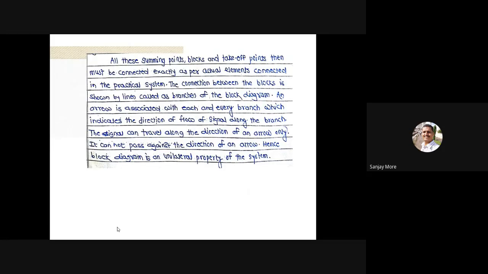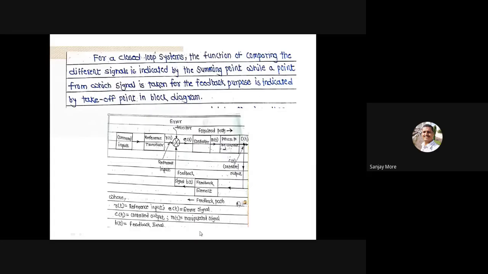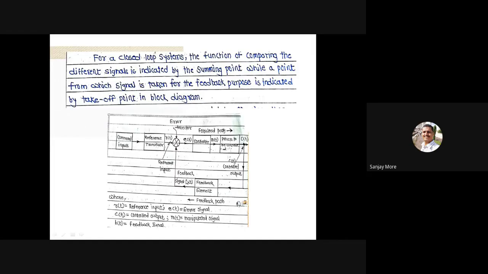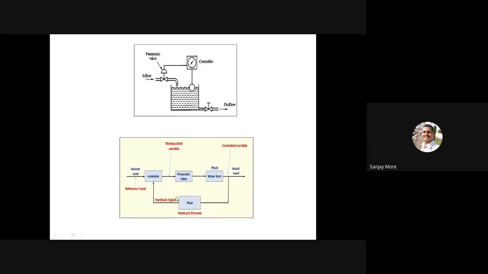So all these summing points and blocks, R(t), C(t), E(t), M(t), F(t), and the takeoff points, must be connected exactly as per the actual elements connected in the practical system. Here, these summing points and takeoff points are connected exactly with the help of this diagram.